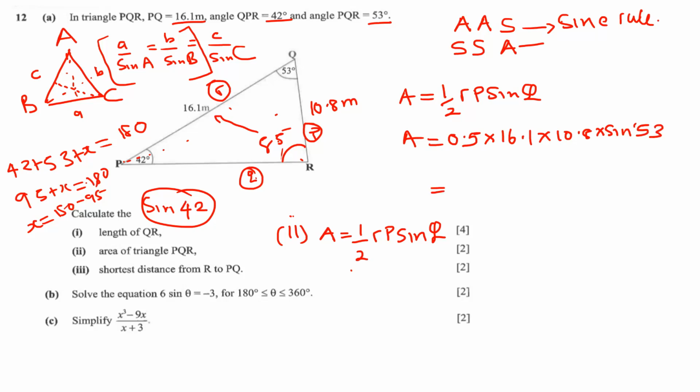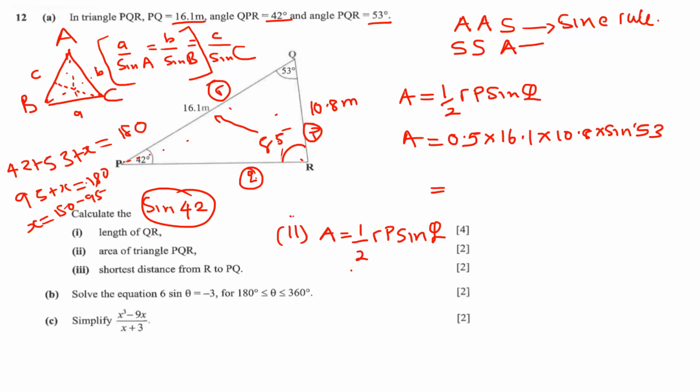If you punch on the calculator, 0.5 multiply 16.1 multiply 10.8, then sine 53, I'm finding 69.